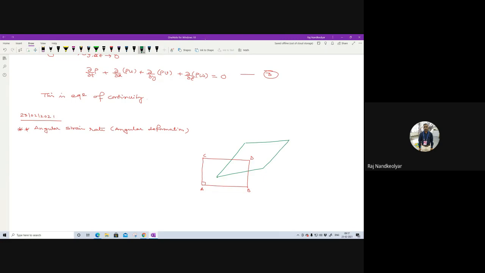This is P, Q, R, and S. This is the new shape of the fluid element. Okay, are you satisfied with this figure? First of all, that is the question. Will it be a parallelogram?